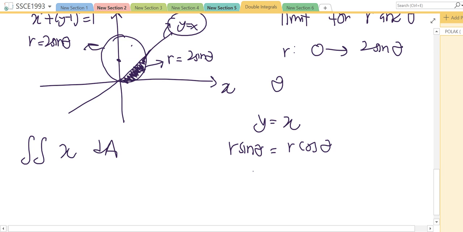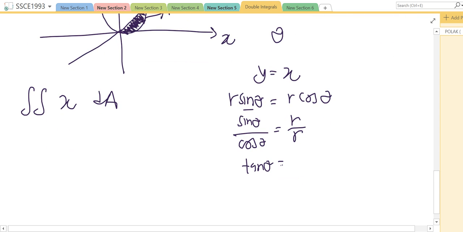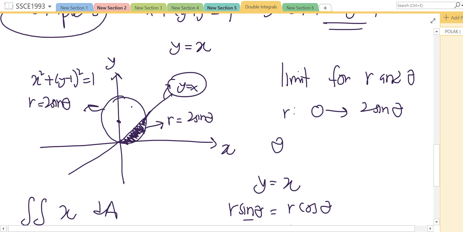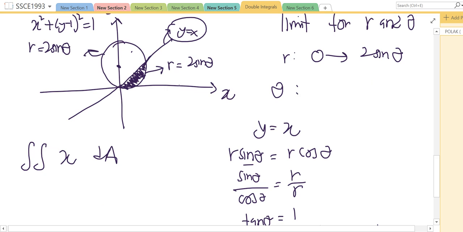So if we reshuffle, we get sine theta divided by cos theta equal to r divided by r, so tangent theta equal to 1. So theta is equal to inverse tangent 1, which is pi over 4. Means that the limit here is 0 up to pi over 4.